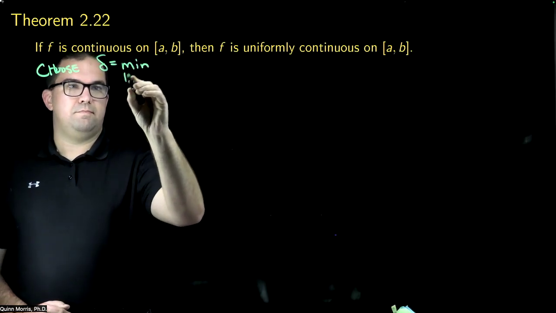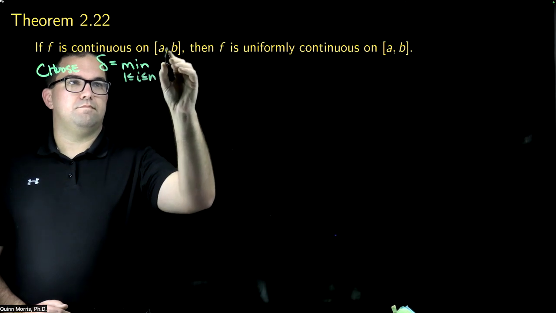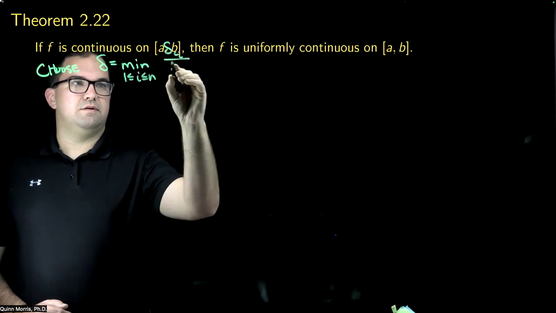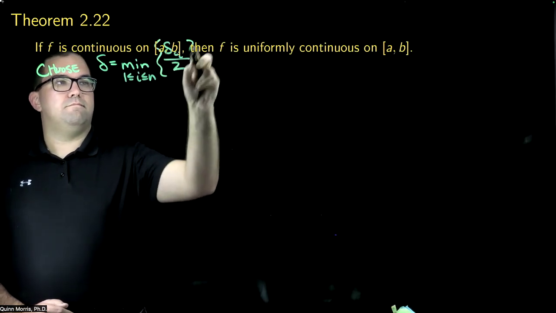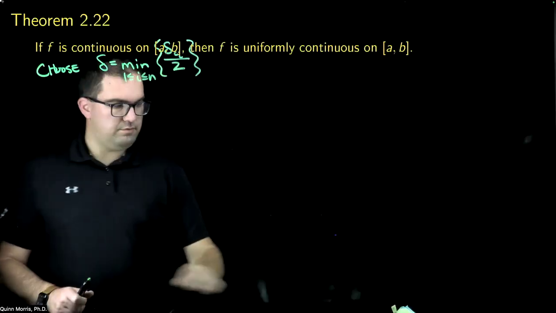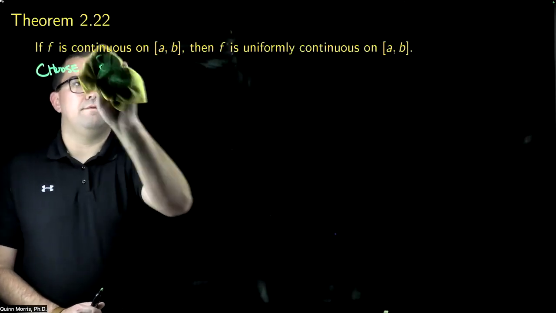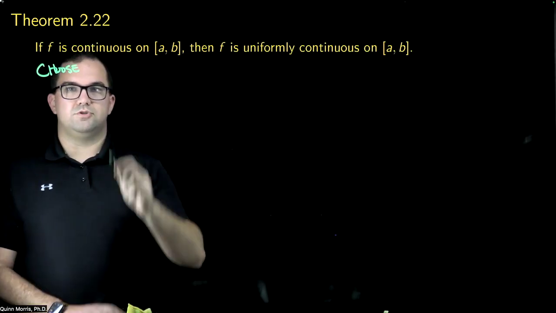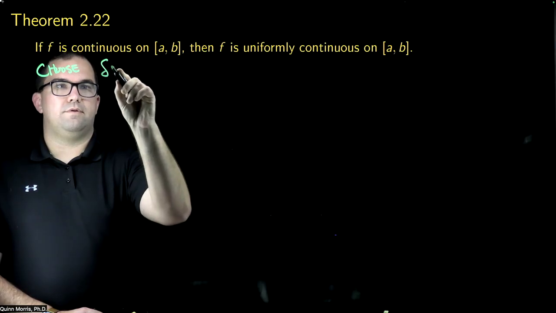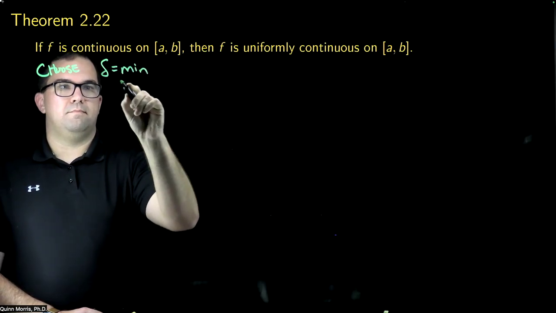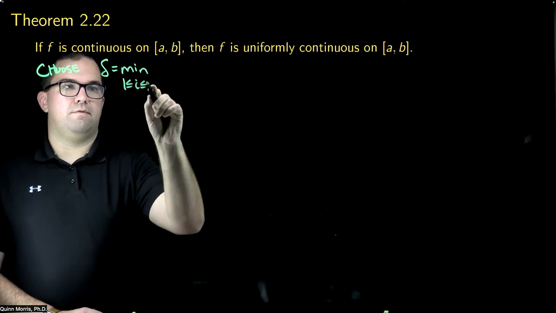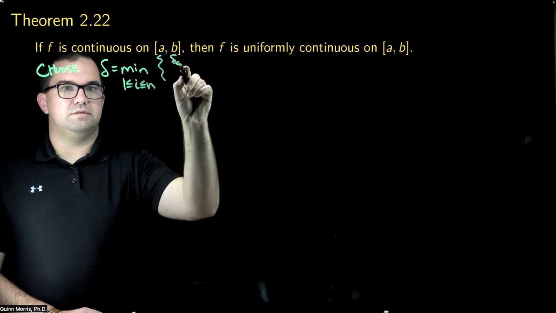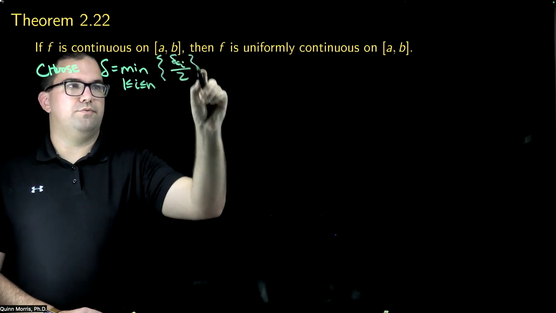We're going to choose delta to be the minimum, over i between 1 and n, of delta C sub i over 2, of all those delta C sub i's that you have left.